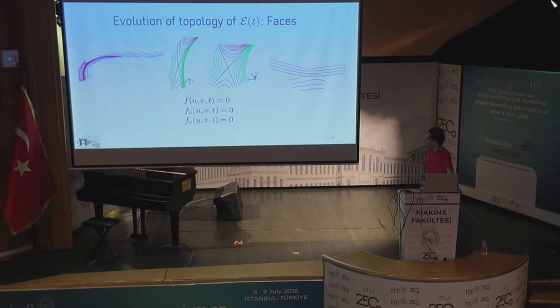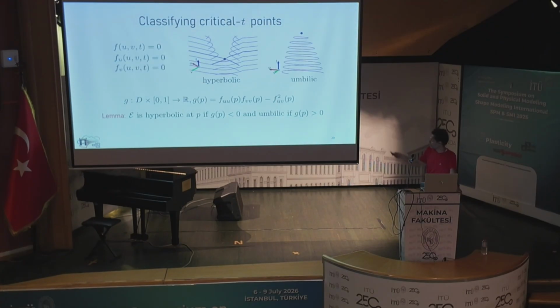Once you compute these critical T points, you get two kinds of points. Here, the envelope is hyperbolic at this critical T point. Here it is umbilic. These two cases are handled in different manners, which means we need to classify the points as either hyperbolic or umbilic.